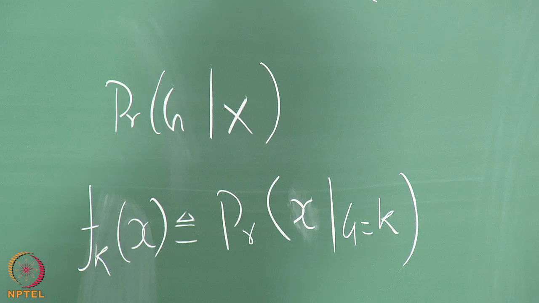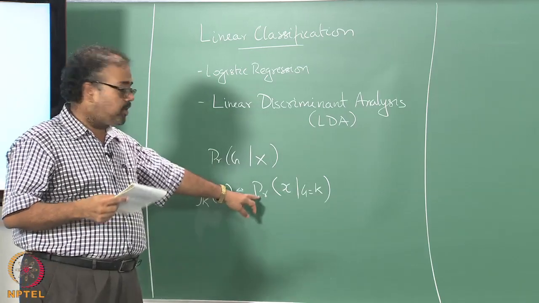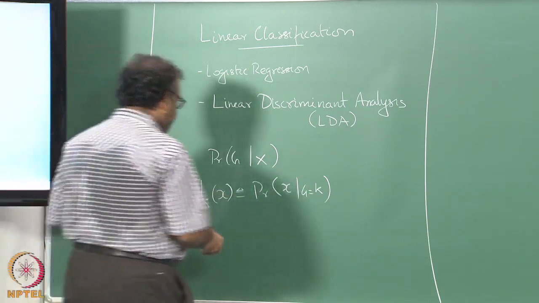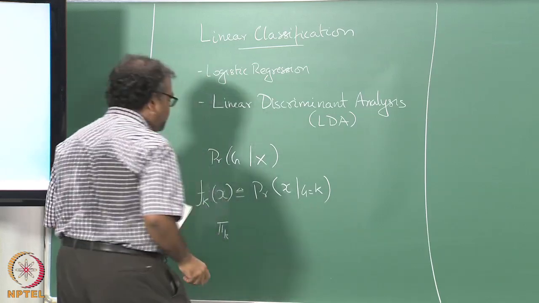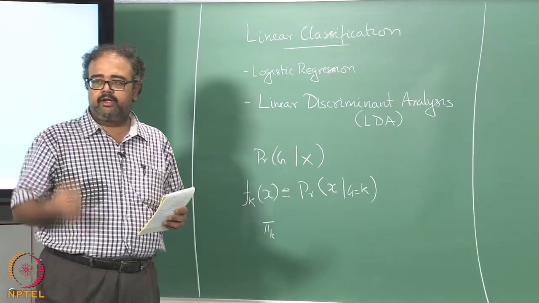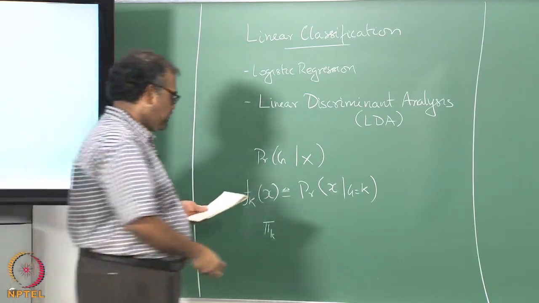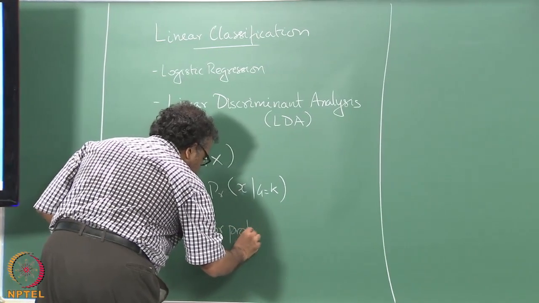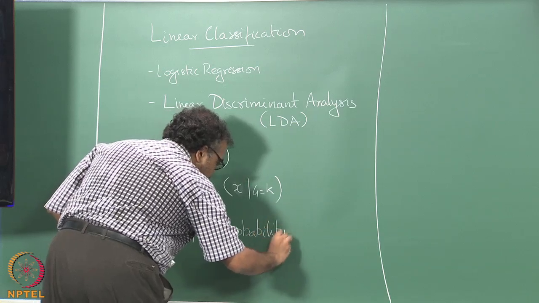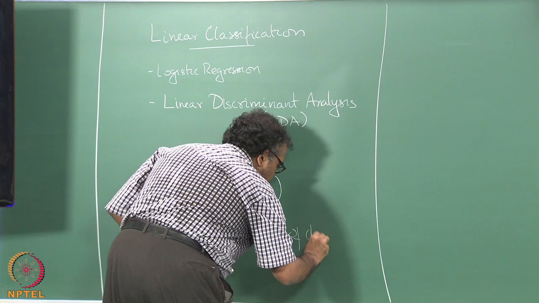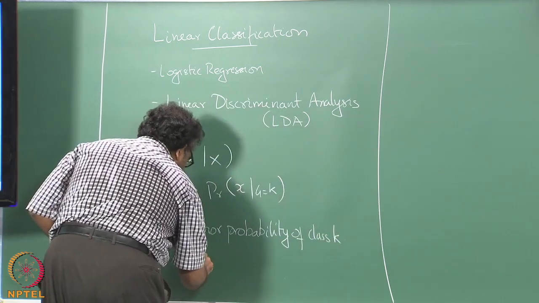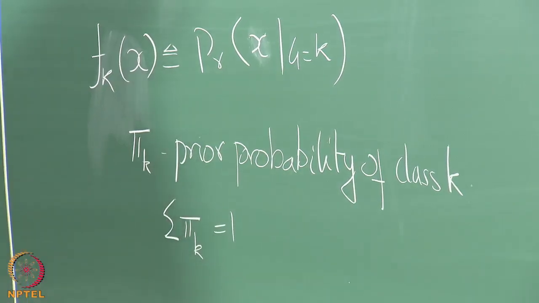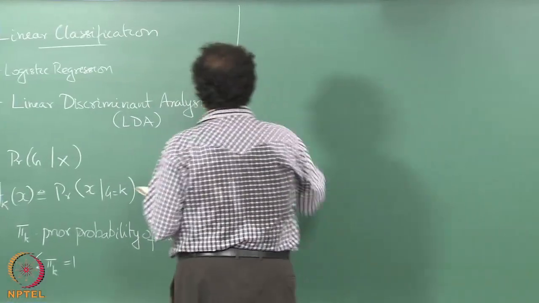I am going to denote by Fk of x the probability of x given that the class was K, the class conditional density, and I am going to assume that pi k is the prior probability of class K. We assume that all data points belong to some class or the other, so the sum of the priors is going to be 1.